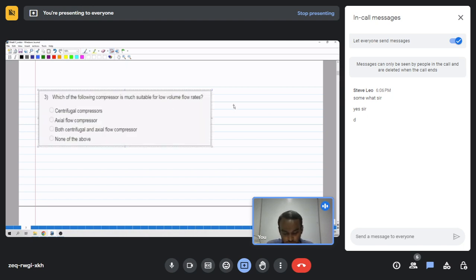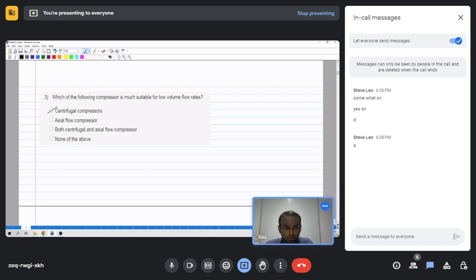Which of the following compressors is most suitable for low volume flow rate? Centrifugal compressor, axial flow compressor, both centrifugal and axial flow, none of the above. Yes, option A is right, because a centrifugal compressor is generally suitable for low volume flow rate, and it is also more efficient for low volume flow rate.